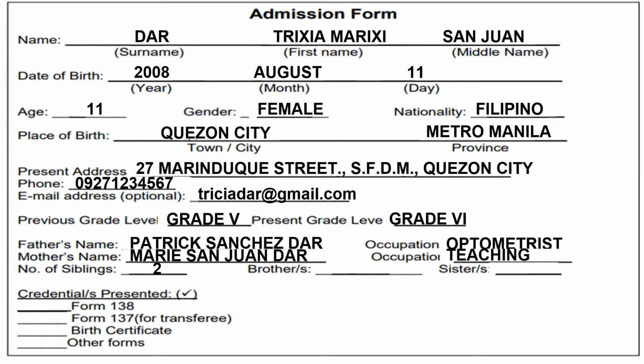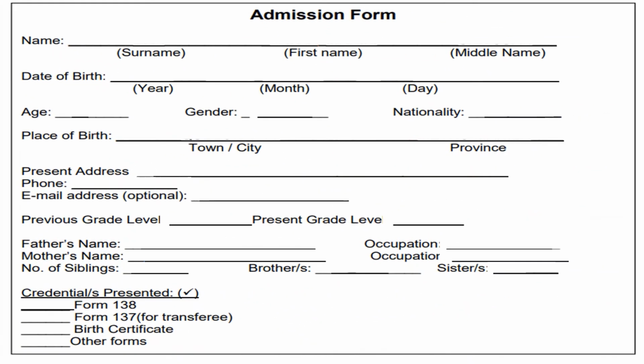Number of siblings does not include you, so it only requires the number of your sisters or brothers. Brothers, sisters. Now, can you fill out an admission form on your own?